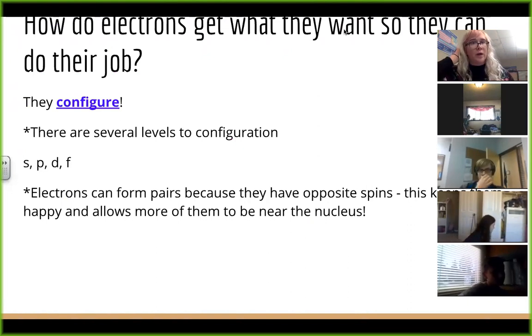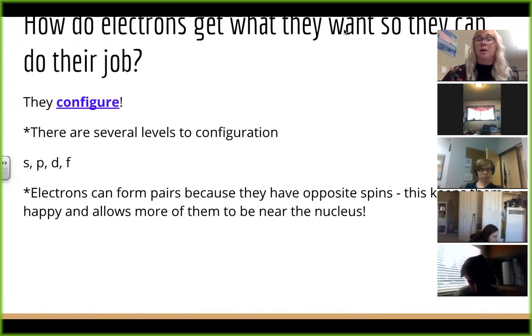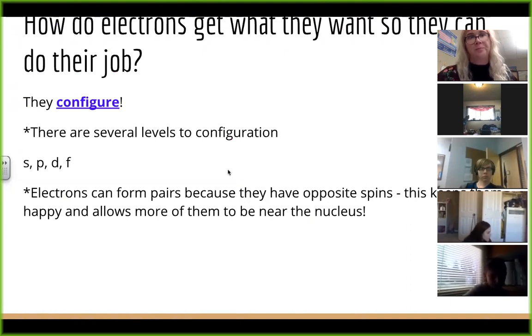And a lot of times when we talk about valence electrons or electrons generally, you may have heard about them obviously before this class, we talk about them in pairs or we draw them in pairs, right? That is a thing they do. They do pair up if they have opposite spins. So that's important to think about as well, right? If they're spinning in an opposite direction, they're totally chill with being near each other.